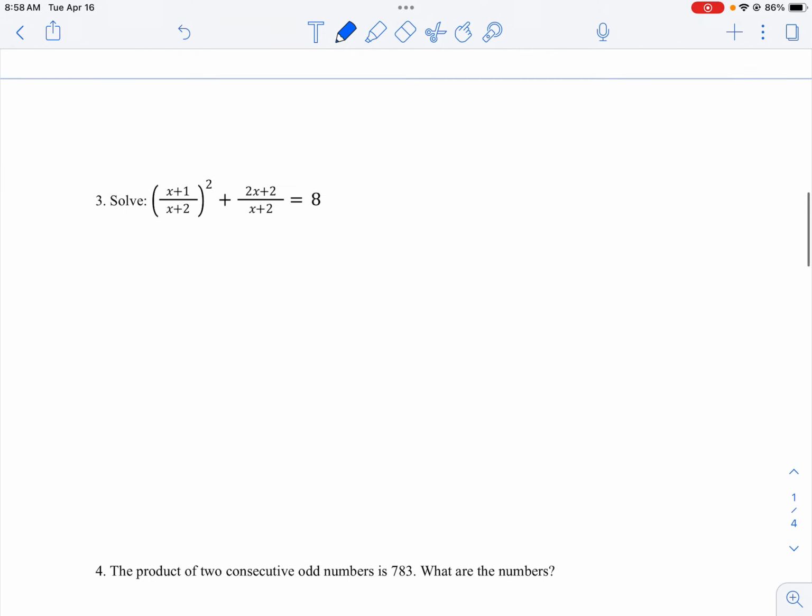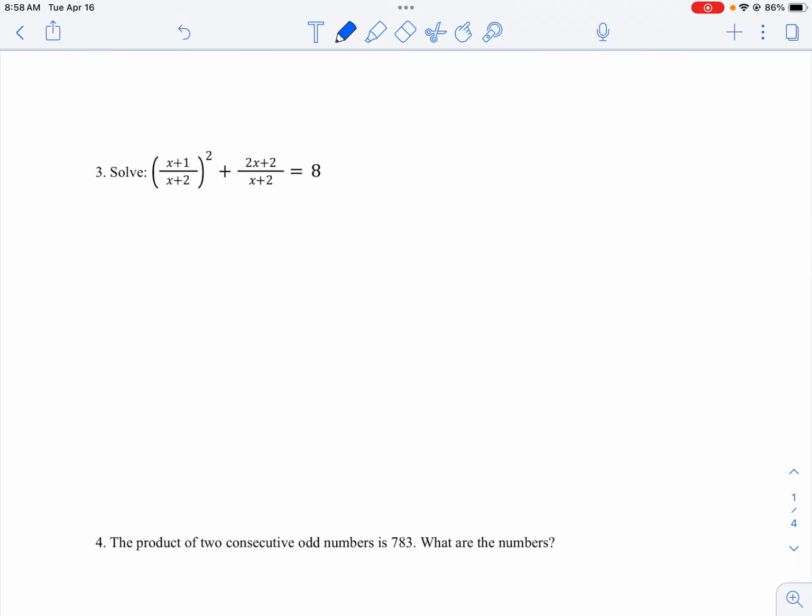Same deal here, but the substitution is a little bit trickier. What we have to recognize is that I can rewrite this fraction as x plus 1 over x plus 2 with the 2 on the outside.